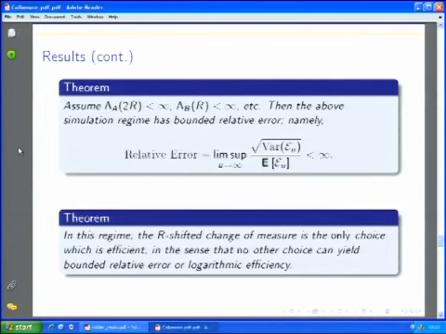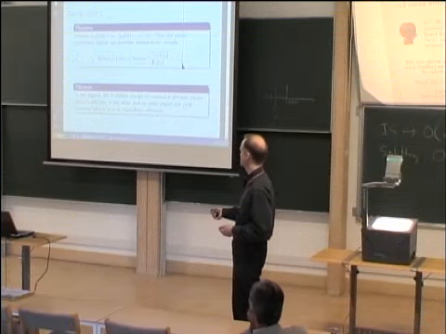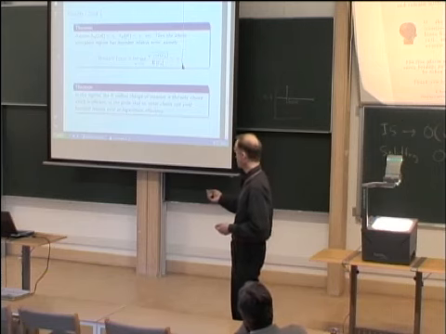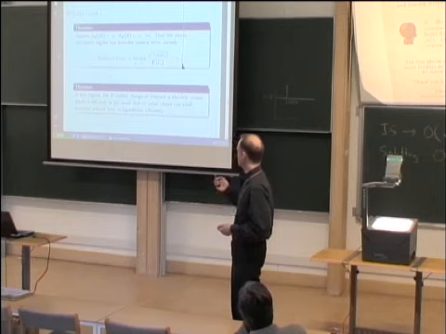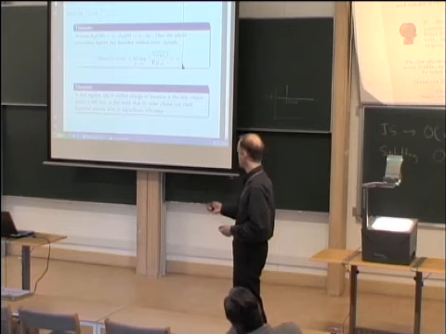The main result says that for this estimator, one can show that we have bounded relative error. And if we compare it with other estimators having different changes of measure, we can in some sense show that this change of measure is optimal, in that any other change of measure cannot have bounded relative error or logarithmic efficiency.